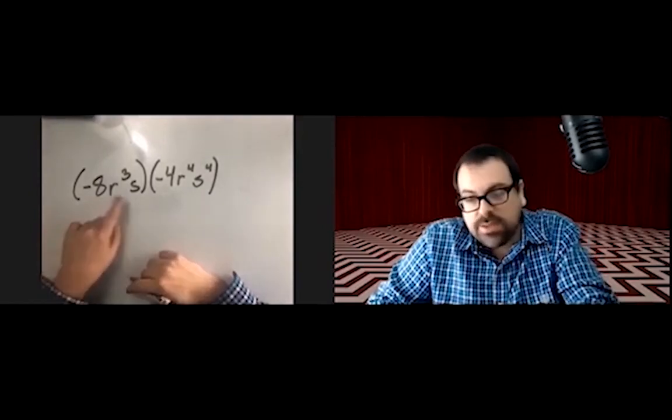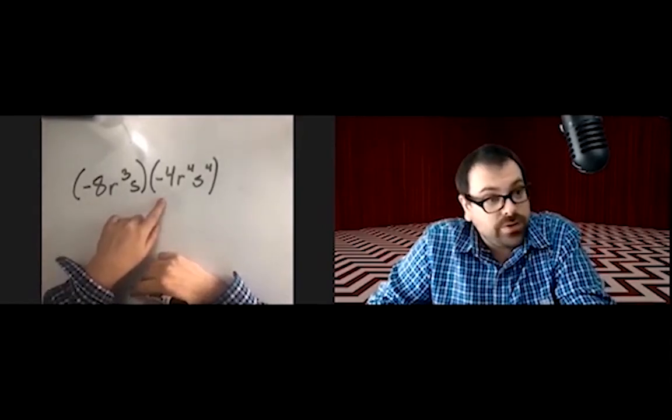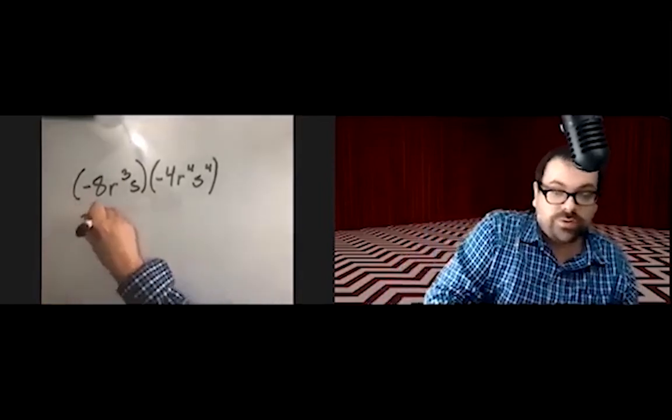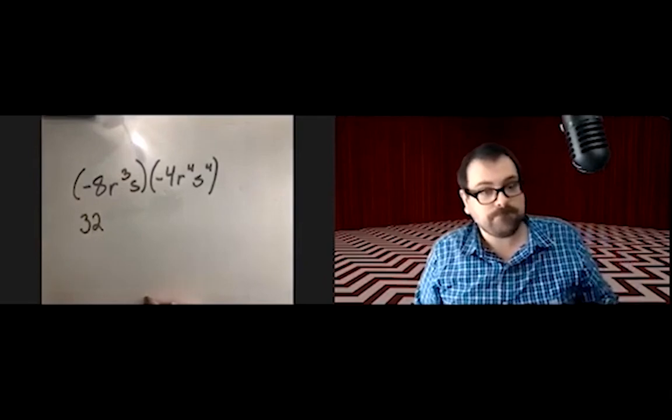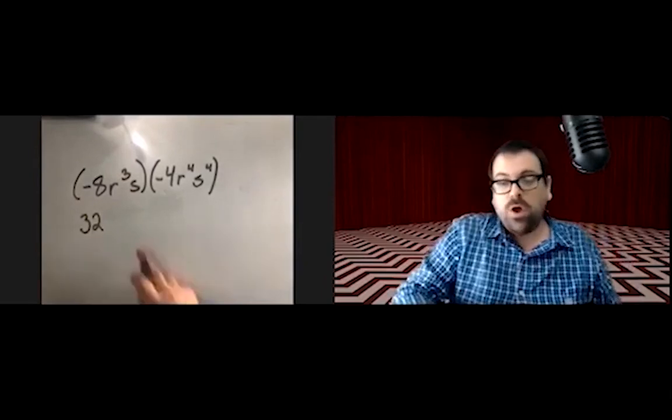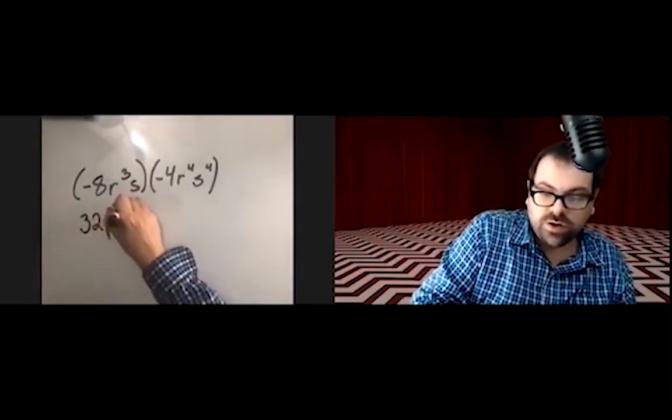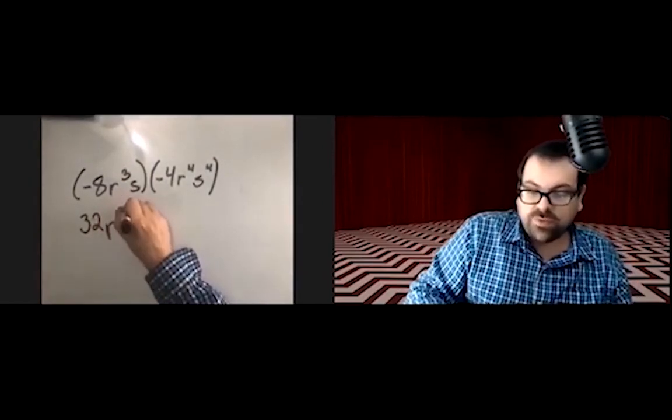-8 times -4 is positive 32. R cubed times r to the 4th is r to the 3 plus 4.